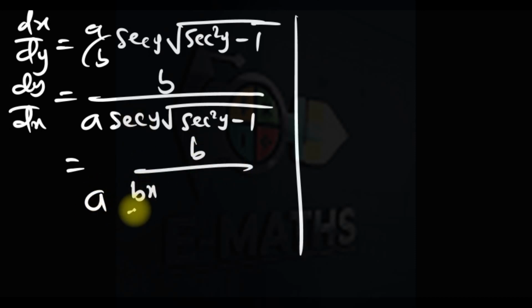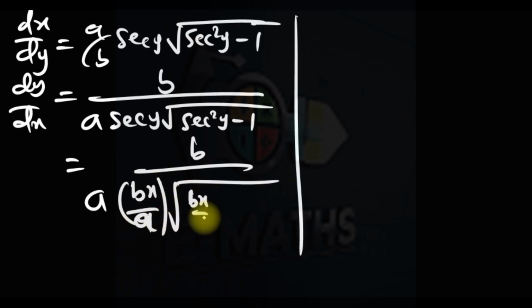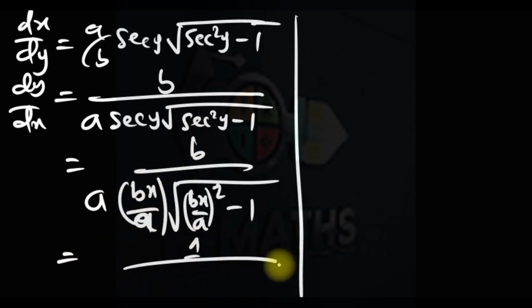This is b over a, times bx over a, square root of bx over a all squared minus 1. So which is a over b times b, so we have 1 over x square root.